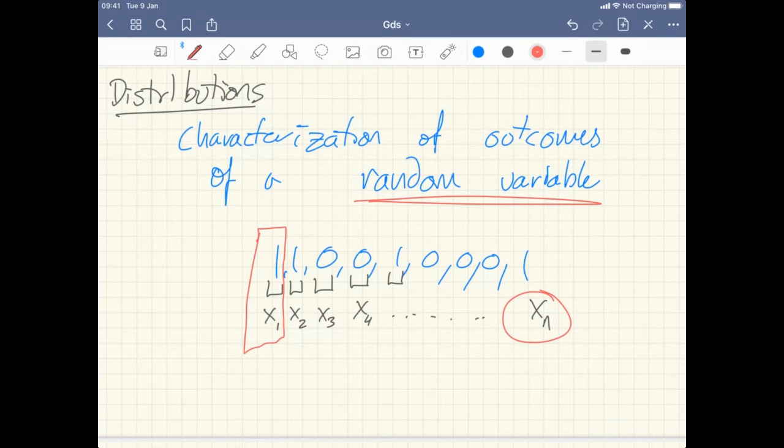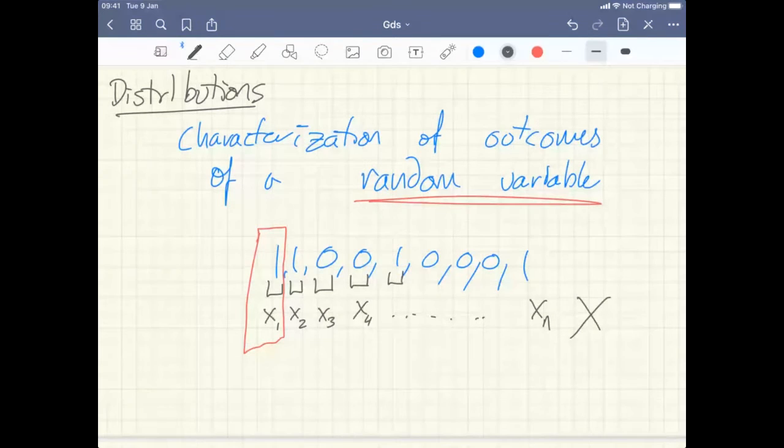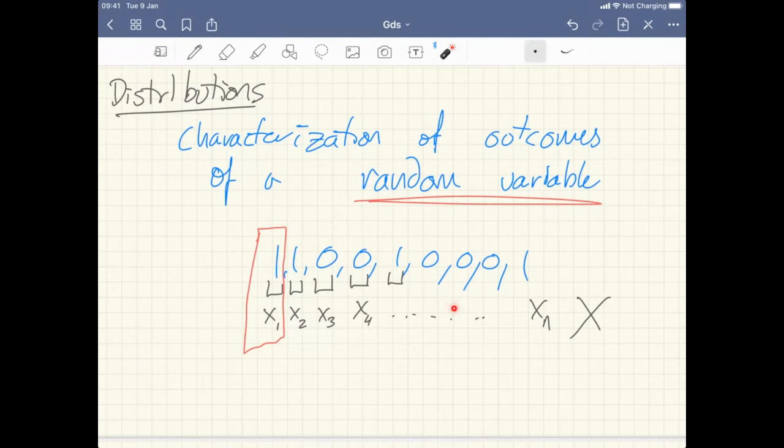So if I refer to this as x, then I'm referring to the whole set of random variables, this whole collection of observations. Okay?